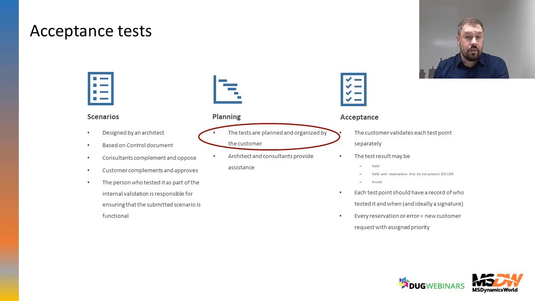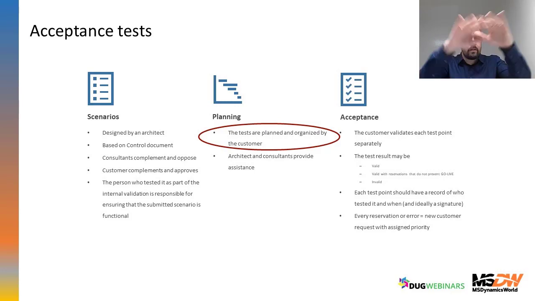So when the architect starts, because he has the most upper point of view, he will give it to the consultants, to the whole team who cooperates on this project with him, and they then can oppose it, add some other ideas or scenarios they see.